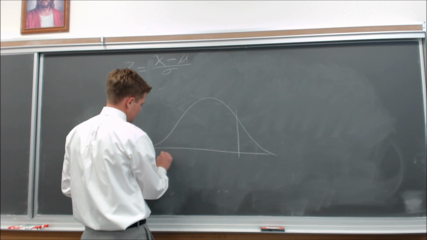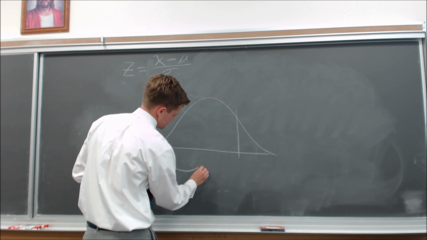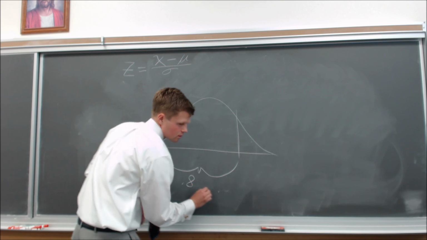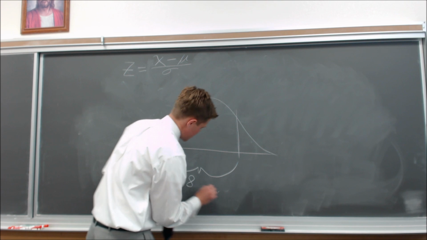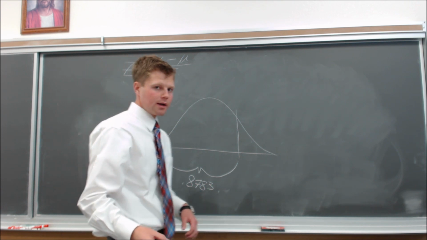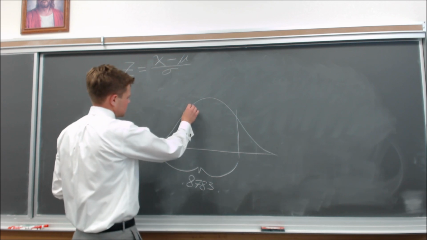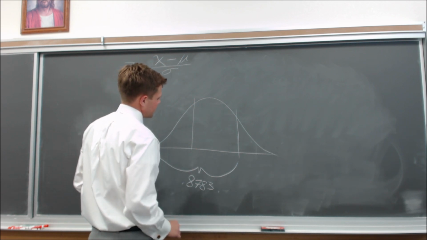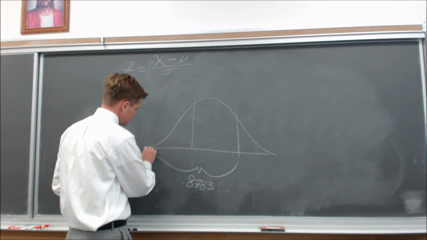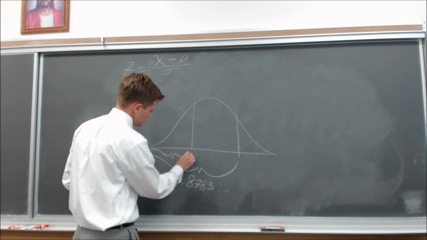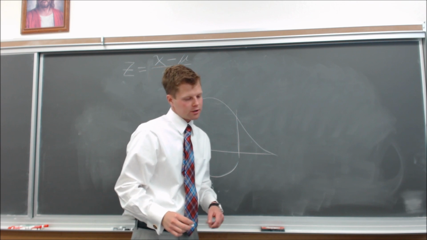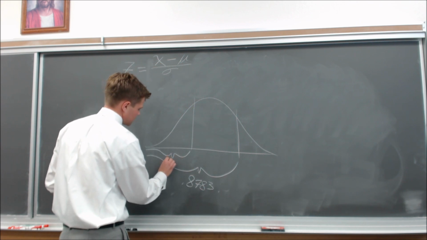Okay, so this whole area from here to there was 0.8783. Now, we did another one and we found that the 1,500 mark was about right there. And the value in this smaller area, right here, was equal to 0.3085.